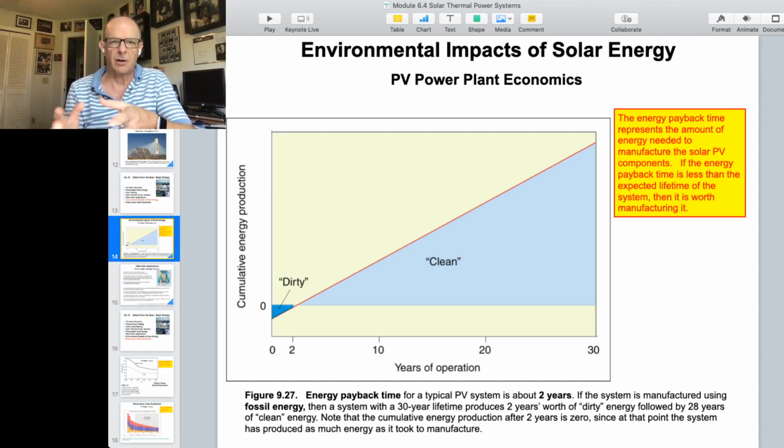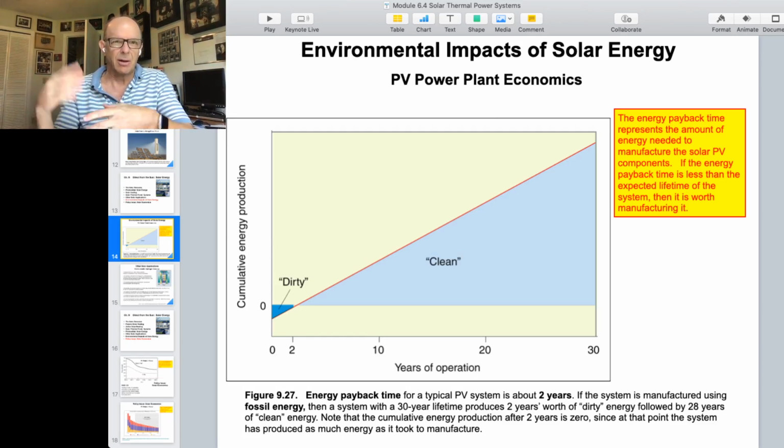And so this is just a kind of sanity check that says that they are environmentally and energetically sensible. It takes a small fraction of the total lifetime of the panel to generate enough energy to make another panel.